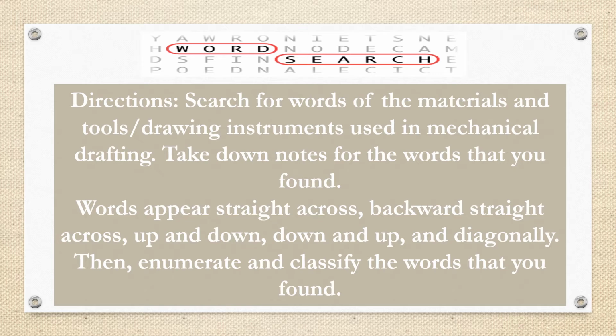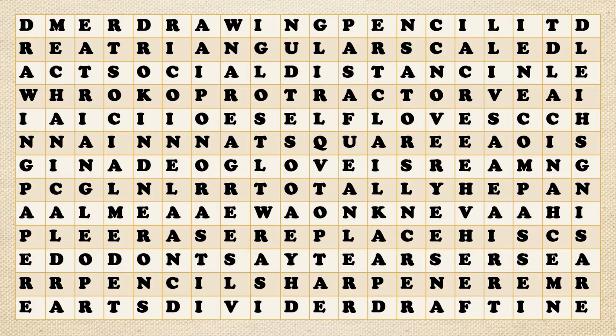After finding the words, you have to enumerate and classify them, whether they are drafting tools or instruments or materials. You will have 1 minute to accomplish this activity. Are you ready? Your 1 minute starts now.